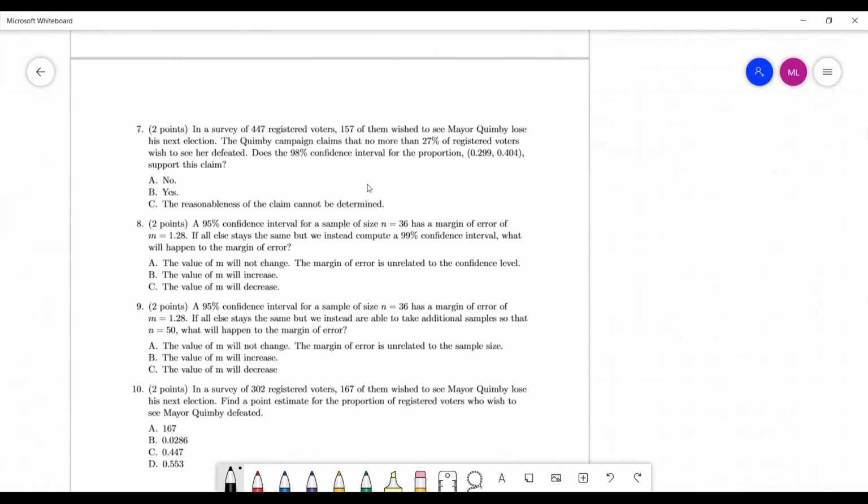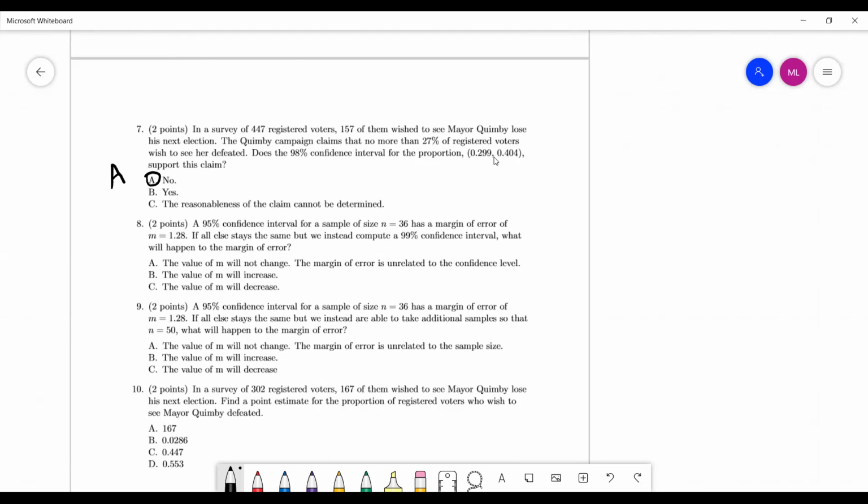And the answer in this case is basically no. So the idea is we're pretty sure, according to our confidence interval, we're 98% sure that the proportion of people that want to see her defeated, right, that the proportion of people that want to vote against this person is between basically 29.9% and 40.4%.